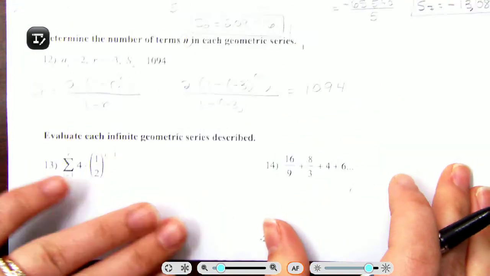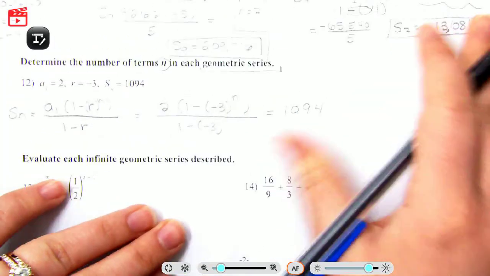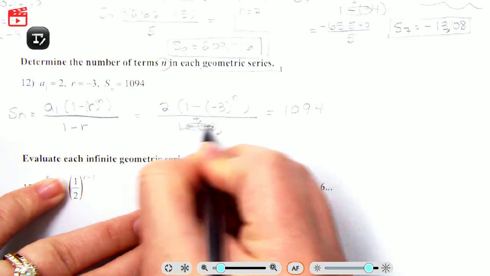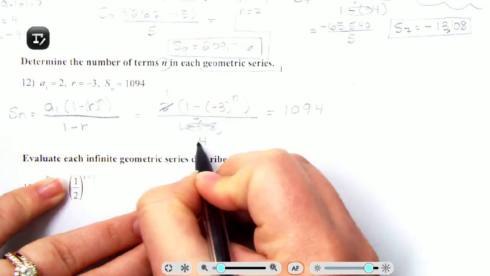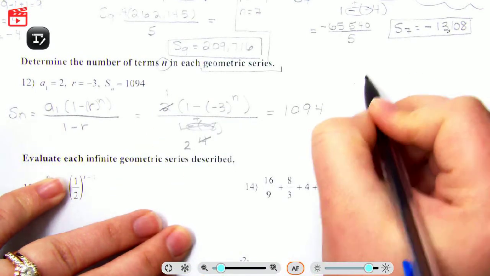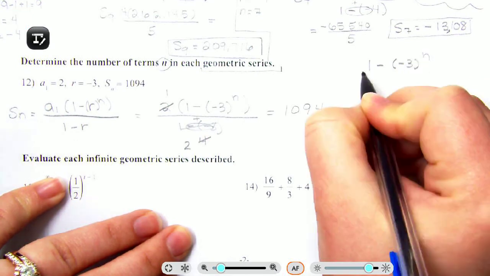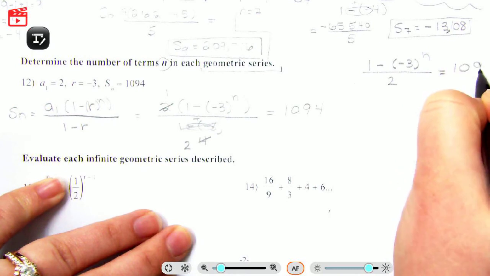So we're going to kind of solve things. I'm going to start writing up here because I have a little bit more room. So this right here, I know that this is 4. So I know that 2 divided by 4, this is 1, this is 2. So in my numerator, I have 1 minus negative 3 to the n power divided by 2. And that's equal to 1094.